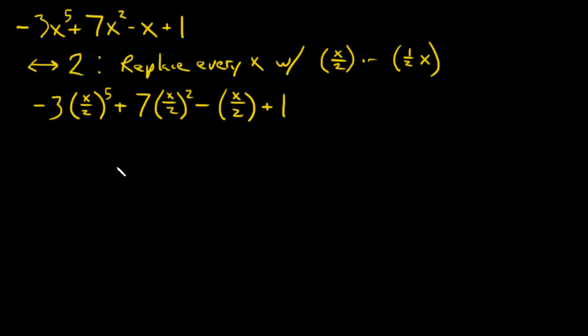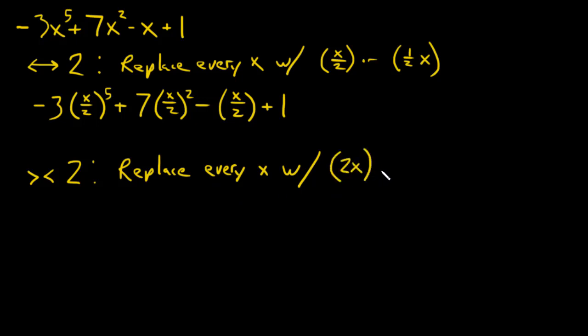Okay? If I want to shrink it by a factor of 2 horizontally, if I want to compress it by a factor of 2, I'm going to replace every x with what? Well, since I'm trying to compress it, shrink it, I'm going to replace it with 2x. There's no "or" for that one. So what does that look like?